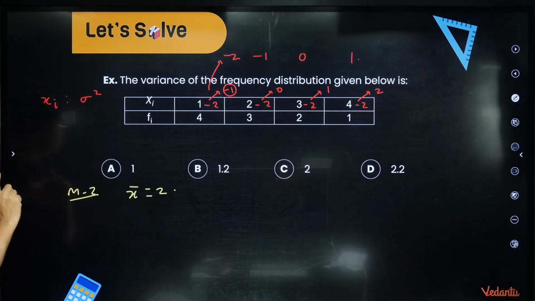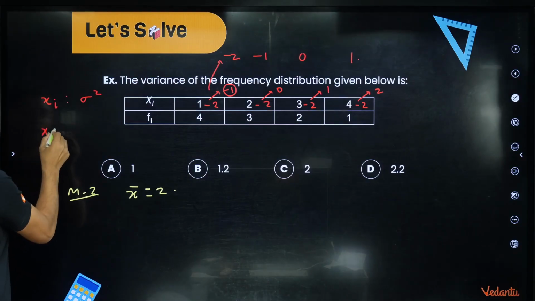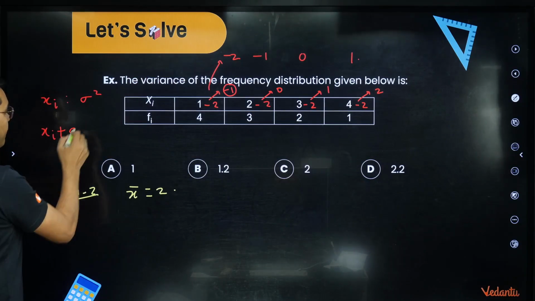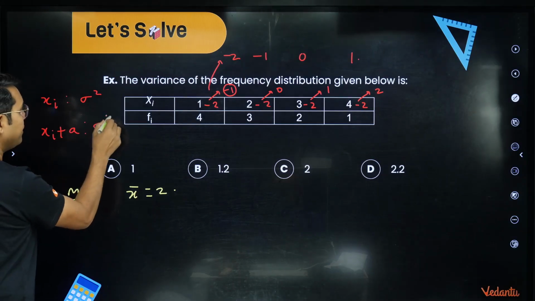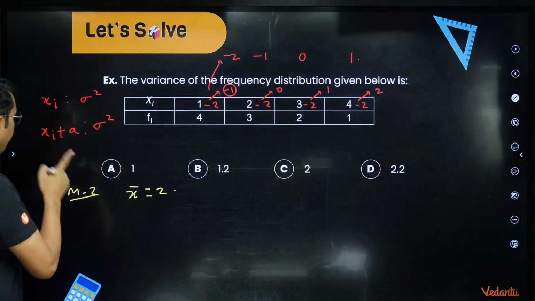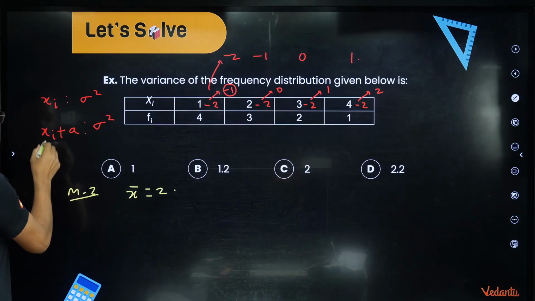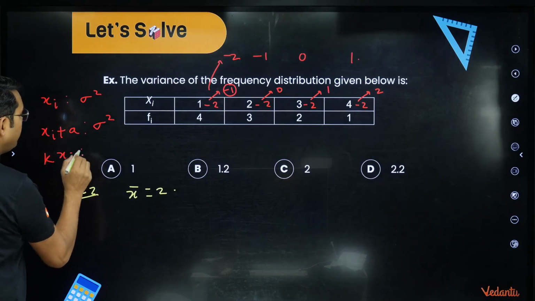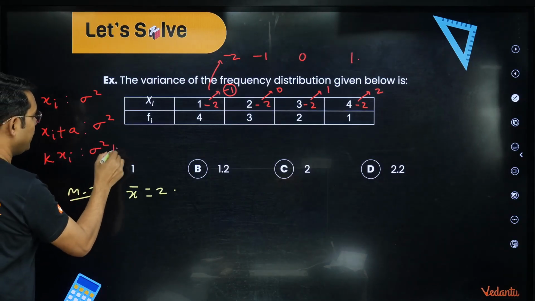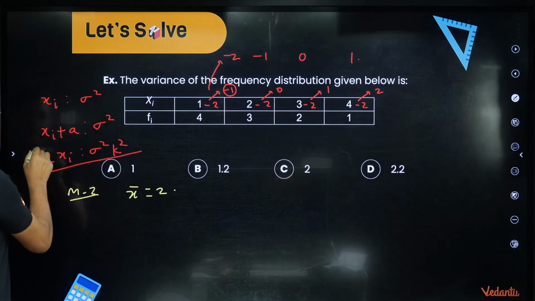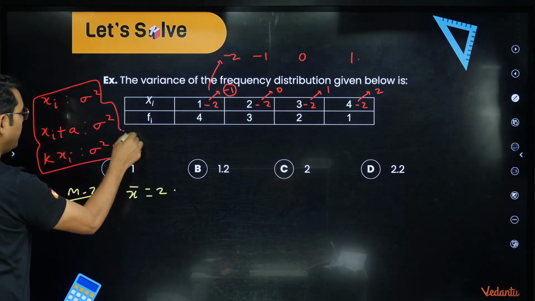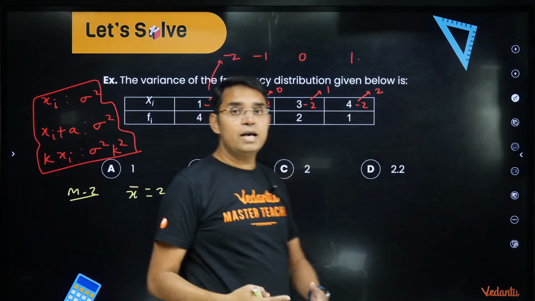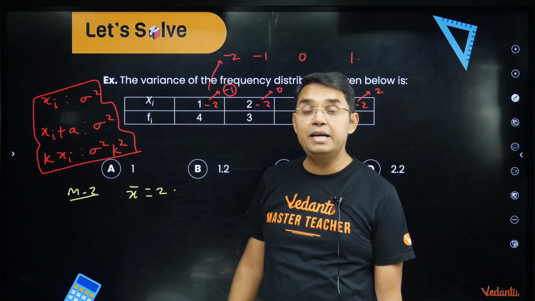Now if you change xi to xi plus a, then your variance will remain the same. But if you multiply all your data by some k, k xi, then your variance will become sigma square into k square. That is a property you need to remember, and JEE Mains has asked questions based on that multiple times.